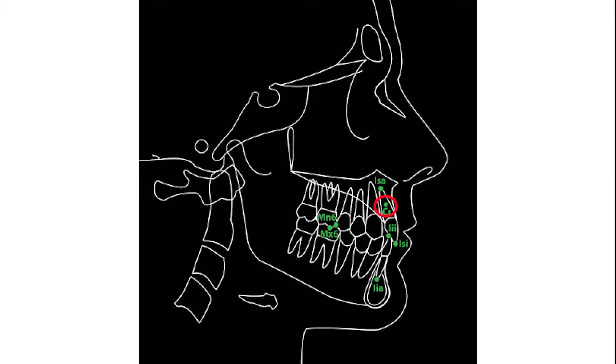The center of resistance or centroid, CR, may be defined as the point within a tooth on which the application of a single point force may produce bodily movement of the tooth. The precise location of the center of resistance of a tooth is a somewhat contentious issue.